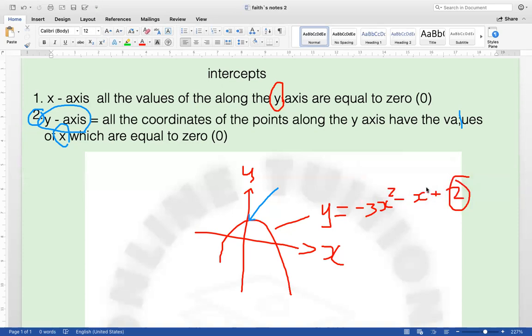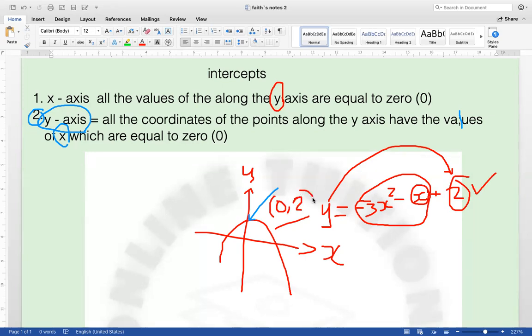Because here where there's x, if we put a 0, and here where there's x, we put a 0, you'll find that both become 0, and then y is equal to this number which is constant. So at this point, the coordinate will be x is 0 because it is along the y-axis, comma, the value of y is that term which does not have an x value.